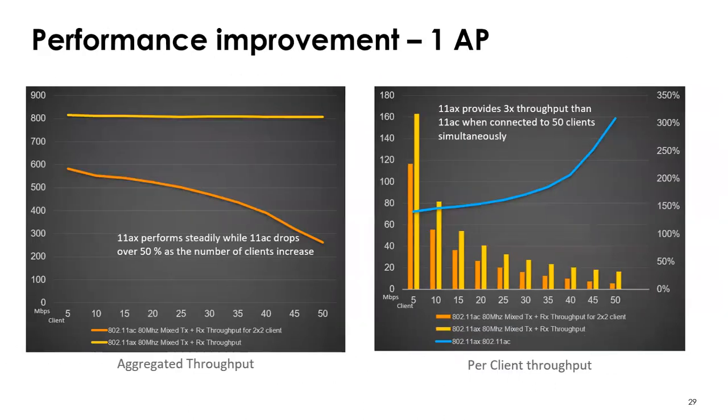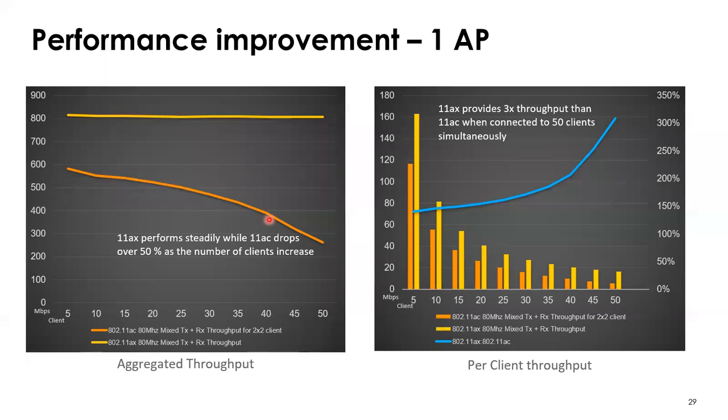So one of the challenges we run into when you have lots of users on your network is that Wi-Fi, pre-Wi-Fi 6, was really bad about divvying up airtime. So what happened is as you added more clients onto a Wi-Fi 5 11AC device, your airtime utilization and your aggregated throughput would actually drop.